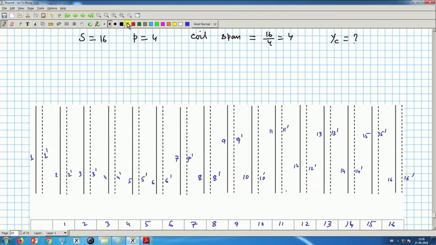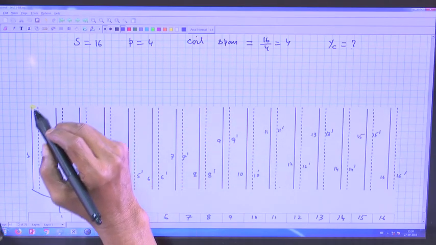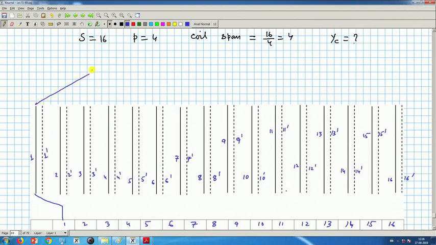Now, the first coil. You have started with this one, commutator segment 1, and its coil span is 4. I must see to maximize the voltage, so it should be 5 dashed. You go to 5 dashed, its return comes there and then it comes here. So, these are the two terminals of the coil, and this terminal I have terminated on commutator segment 1. In case of lap winding, I was terminating it on commutator segment 2.